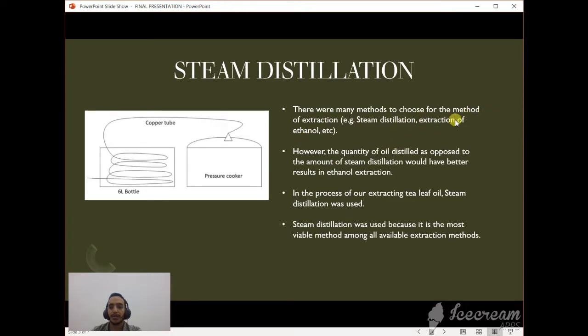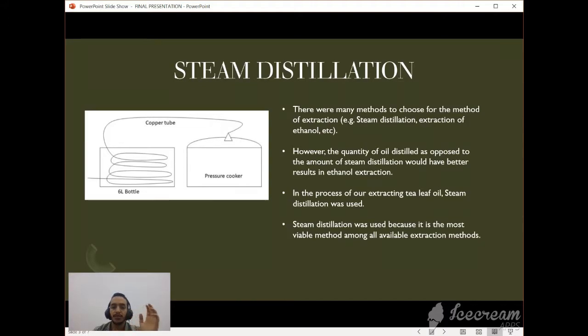For extraction via ethanol, we would have higher percentages of oil yield, but the problem is that ethanol is a flammable liquid, which makes it even more dangerous to handle when doing the experiment without the supervision of an experienced lecturer.